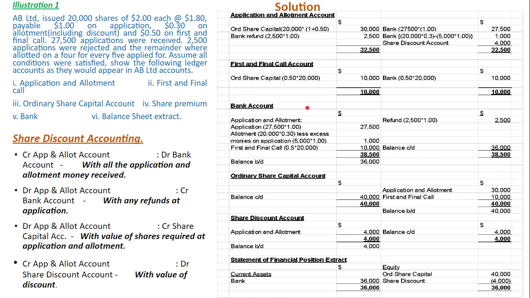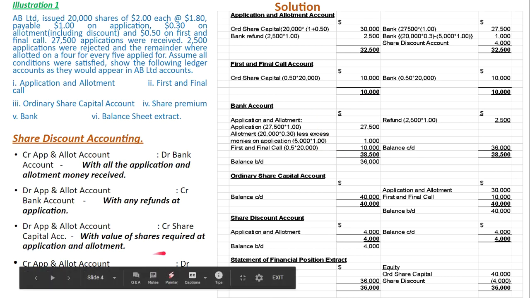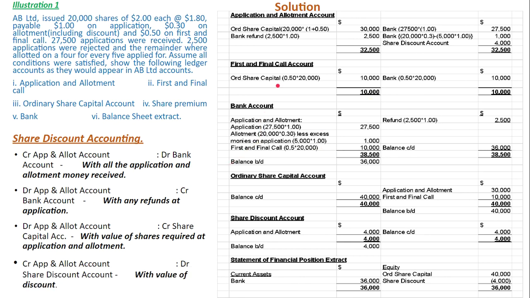Next, with the first and final call account, we need to record the ordinary share capital. Remember, we said share capital is always recorded at par. So we'll simply say 50 cents times 20,000 to give us 10,000. Double entry, we go to the ordinary share capital account. First and final call, we have our 10,000.